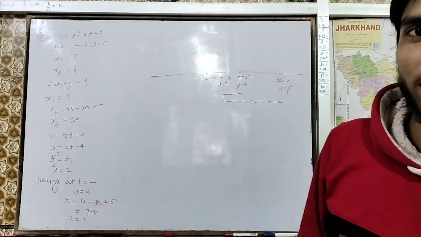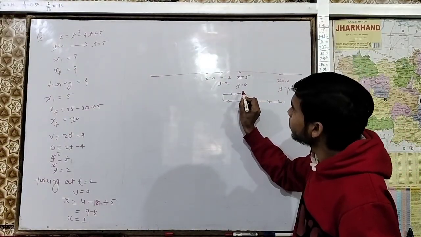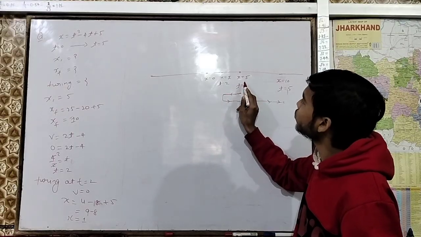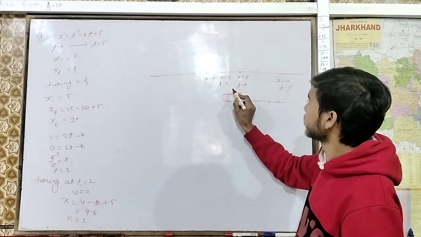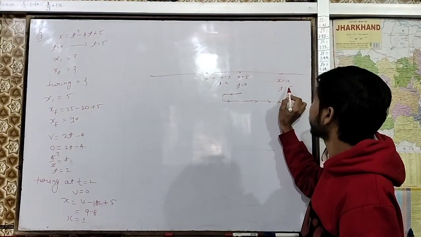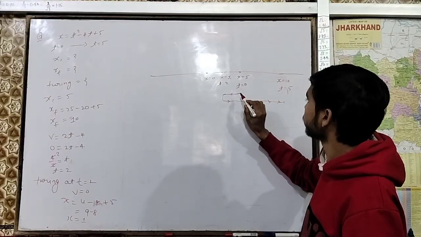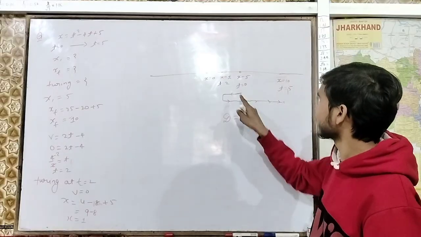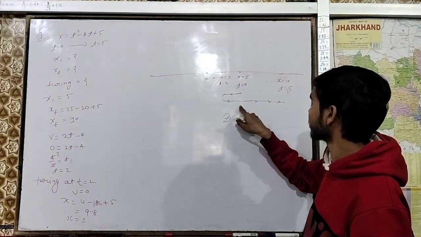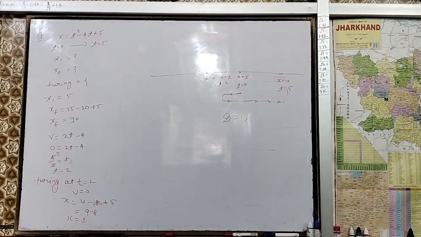How much? From here to till here, how much? I think 4. This 4 and 10, this will be 4, 13. Distance is going to be 13. This 4 and this 13, this 9, I think so. Let's see what our real result is.